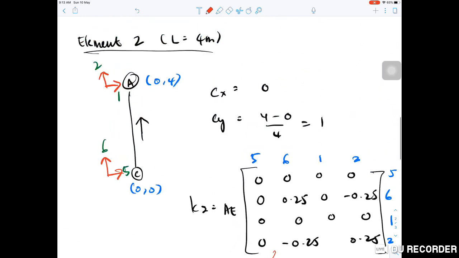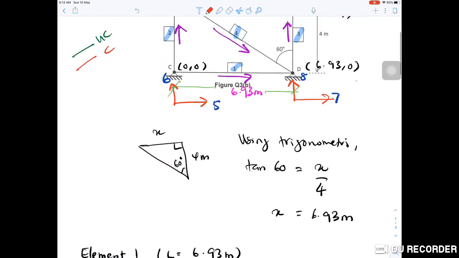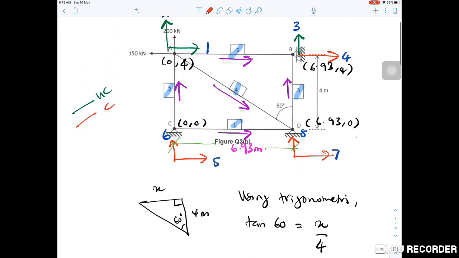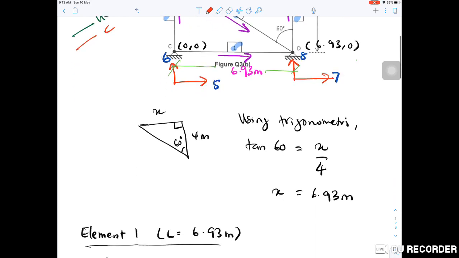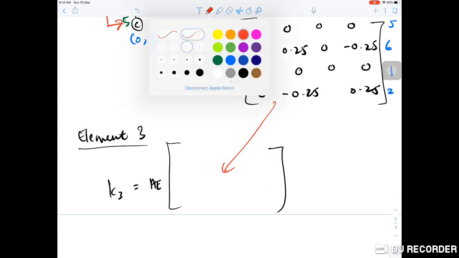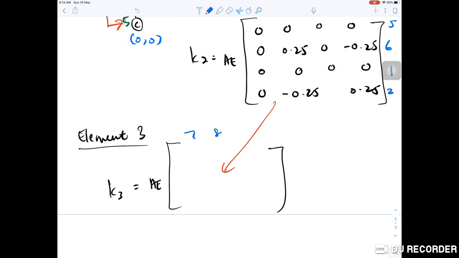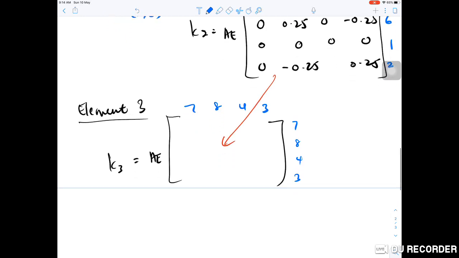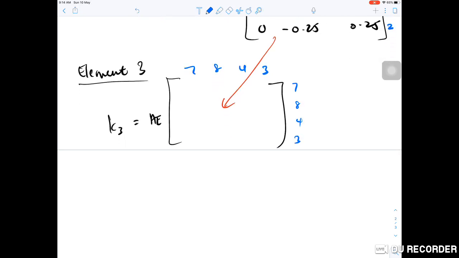The label is 7, 8, 4, 3. Okay, for element number, wait.